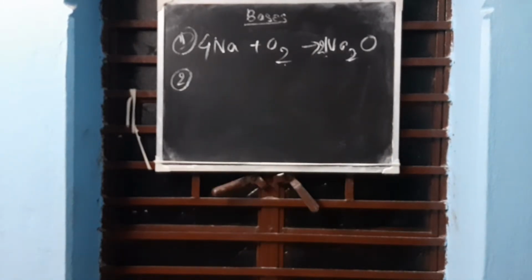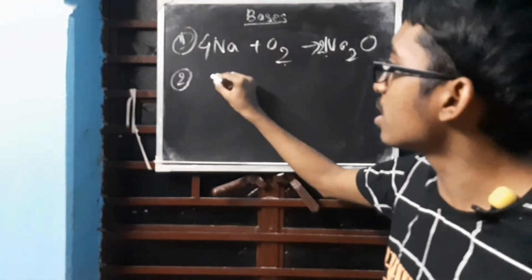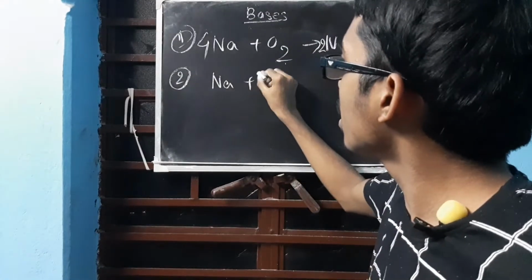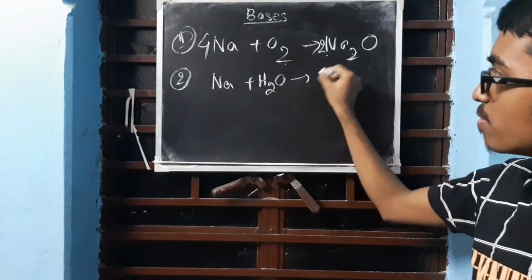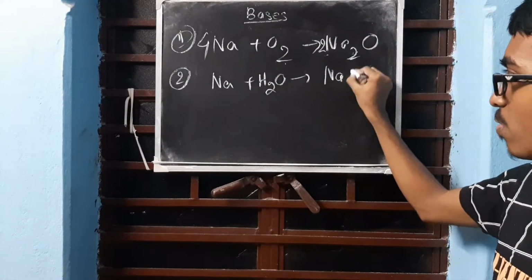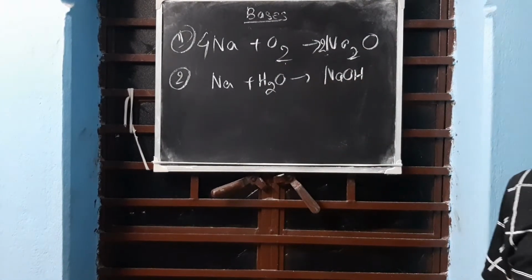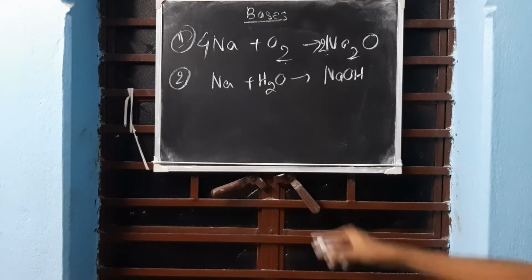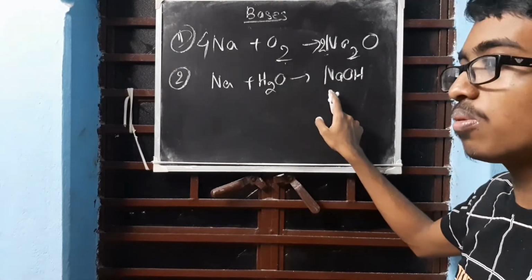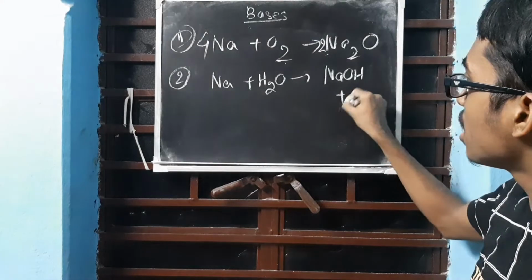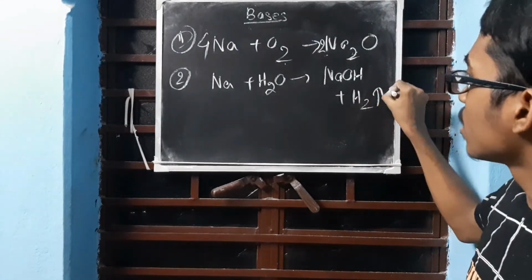Next is action of water on respective reactive metals. Suppose I write Na plus H2O. What will it give? Same product? No. What will it give? NaOH. Clear? Reaction of an active metal with water will give you NaOH as a product. Something else is also there. What is that? Hydrogen gas. Clear?